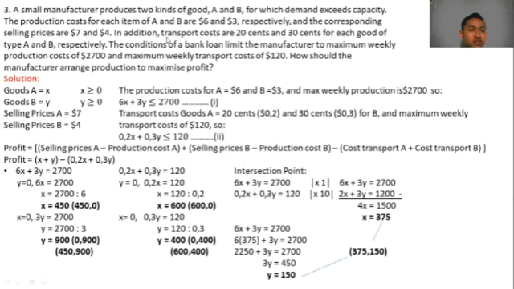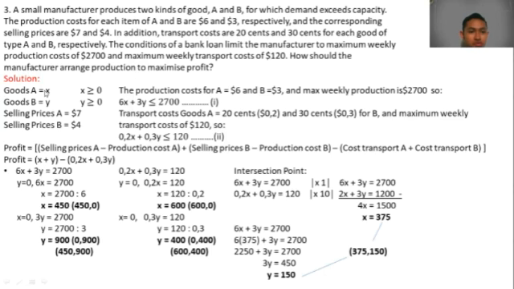In addition, transport costs are 20 cents and 30 cents for each good of type A and B respectively. The conditions of a bank loan limit the manufacturer to a maximum weekly production cost of $2,700 and a maximum weekly transport cost of $120. How should the manufacturer arrange production to maximize profit?